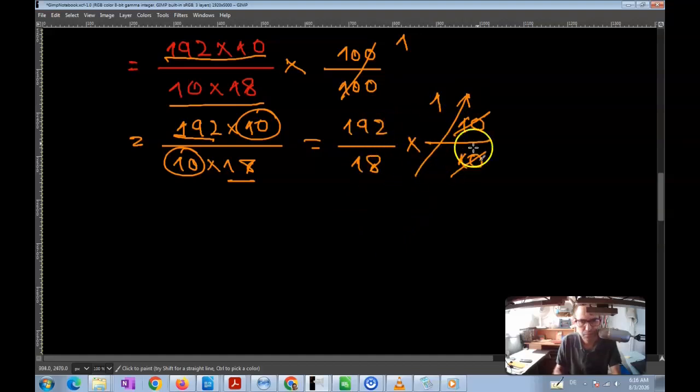And of course any number multiplied by 1 is the number itself, so it becomes 192 divided by 18, right?